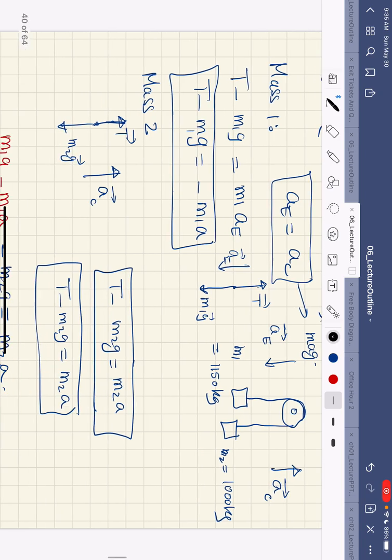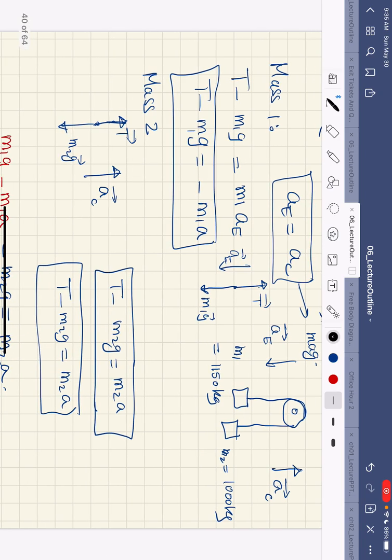You need to draw separate free body diagrams for the two masses here. This is the first, for the mass of the elevator.